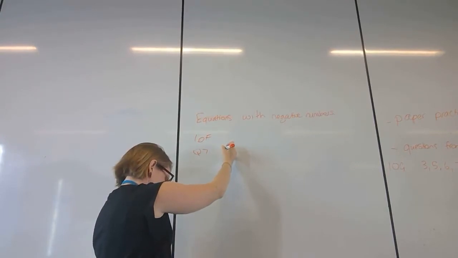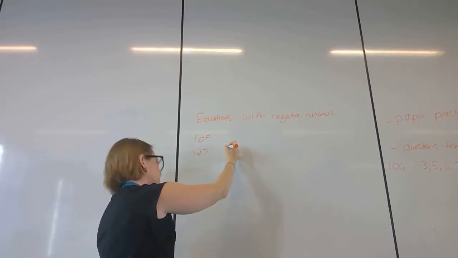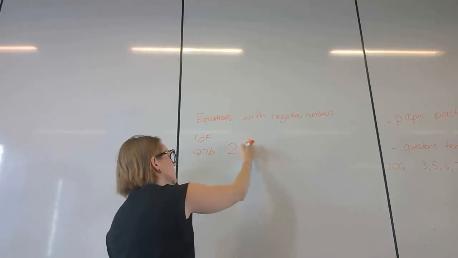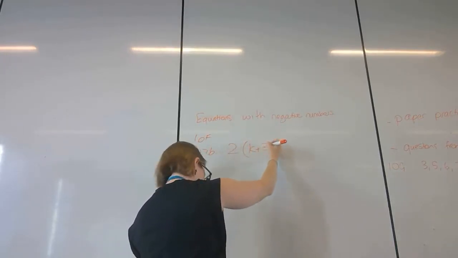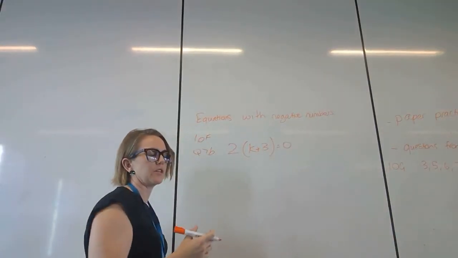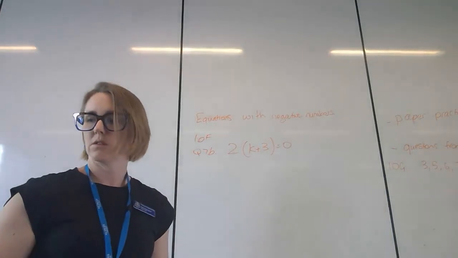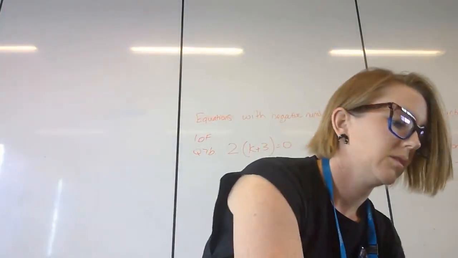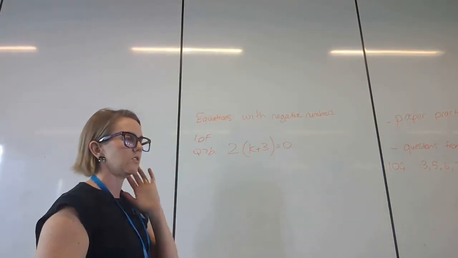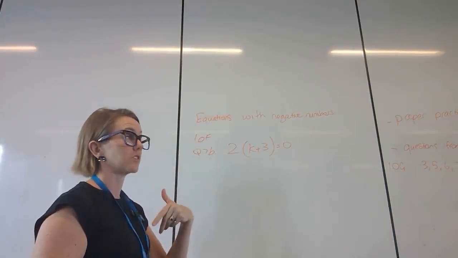Let's say we'll do 7b. So the equation is 2 outside of (k plus 3) equals 0. Write down the equation first of all, and then we still use our same method of solving equations using backtracking and inverse operations.